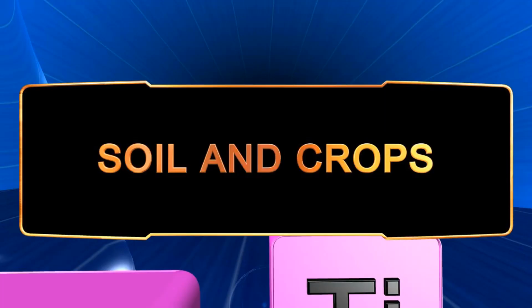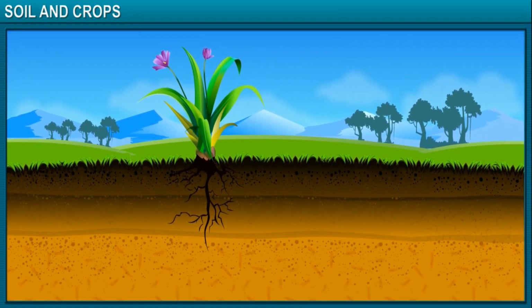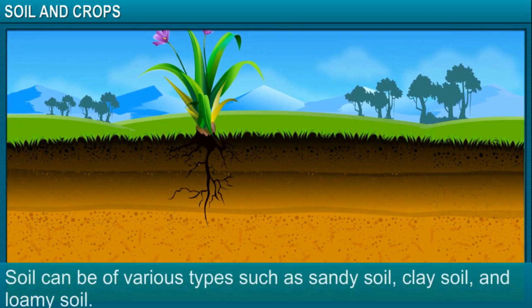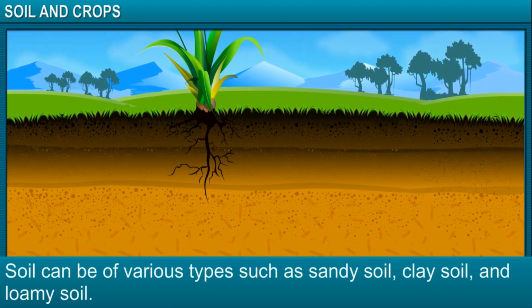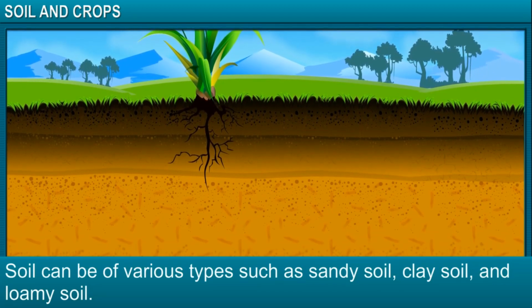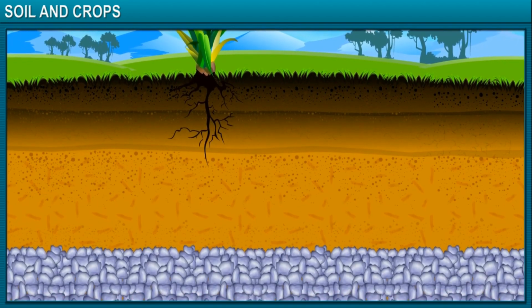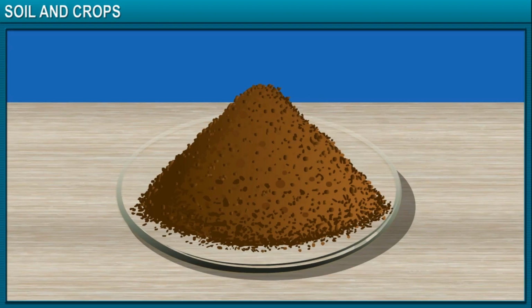Soil and the crops grown in them. Soil is not similar everywhere. Soil is classified into various types based on the appearance and proportion of particles. If the soil is made of greater proportion of big particles, it is called sandy soil.